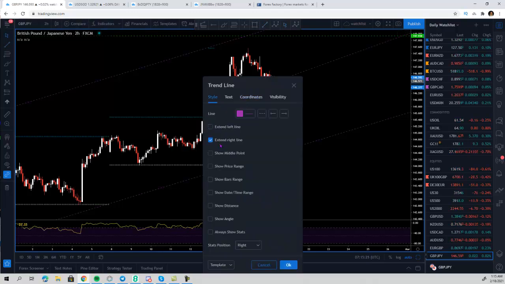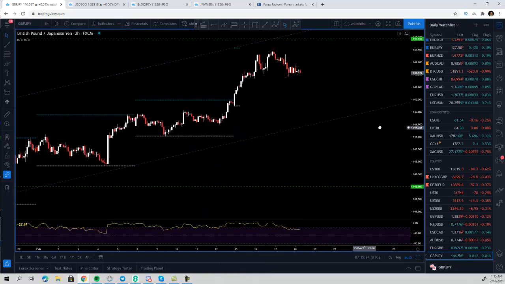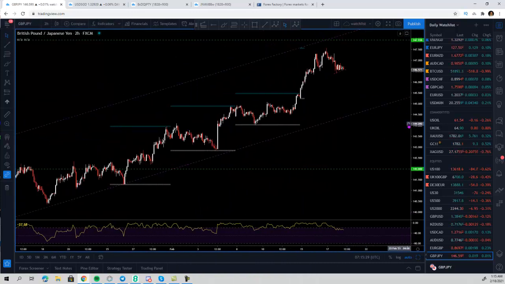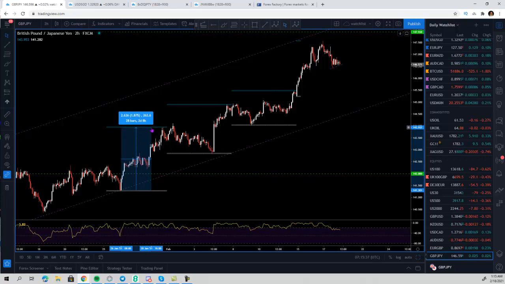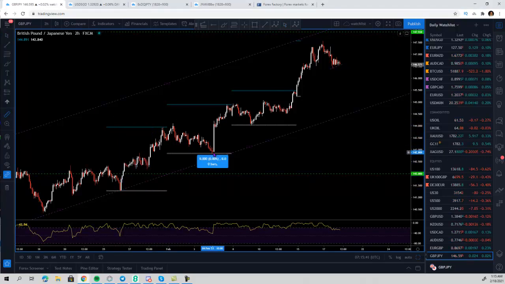Why? Because if you look at the actual range of the previous 3 weeks, and this is important to notice, this week was 263 pips. This week was 200 pips. This week was a little lower, 140 pips.